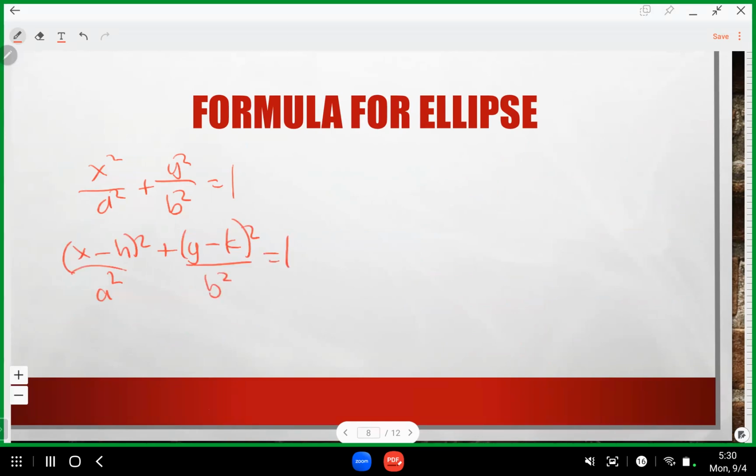That is how you move the ellipse. Okay? So make sure you get this formula down, and it always has to be equal to 1. If it does not equal 1, make sure you make it equal to 1 by dividing all sides by an integer usually, right?